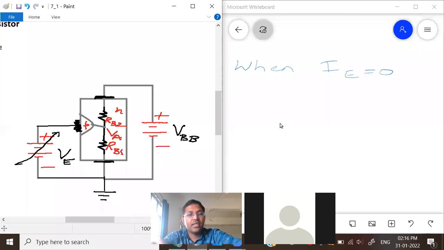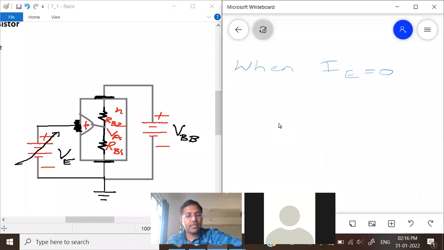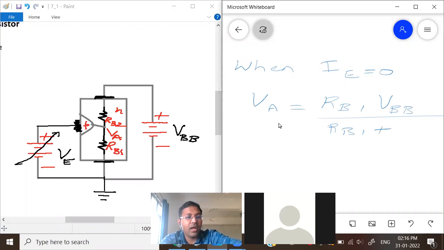So let me write that here. VA will be RB1 into the total voltage by the sum of the two resistances. Right? Using the voltage division rule, we will get VA.